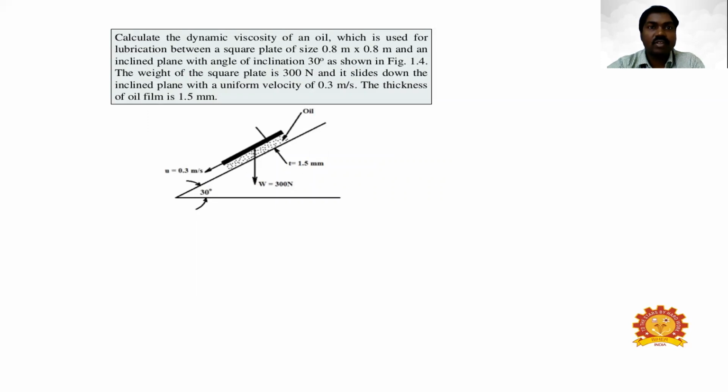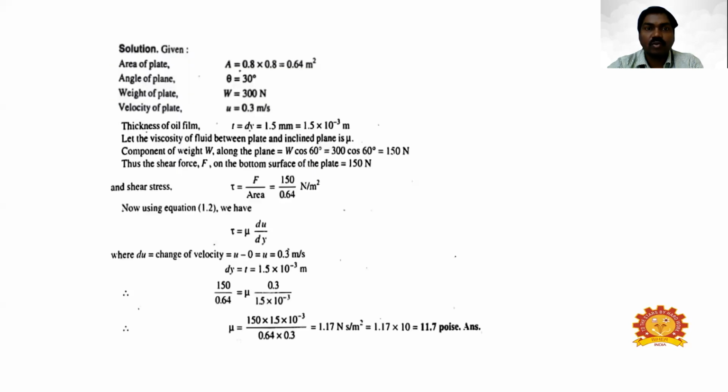Next, calculate the dynamic viscosity of oil, which is used to lubricate between square plates of 0.8 meter by 0.8 meter, on an incline at an angle of 30 degrees as shown in the figure. The square plate of 300 slides down the incline with a uniform velocity of 0.3 meter, with a thickness of fluid.